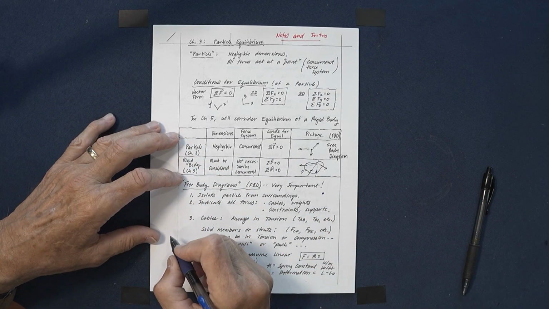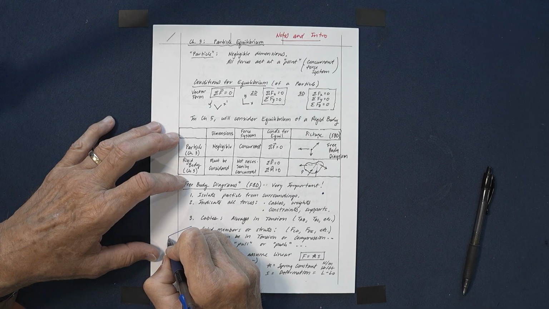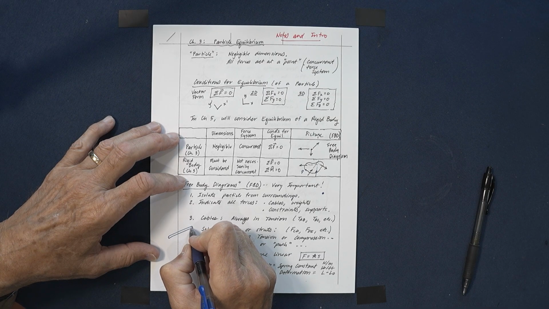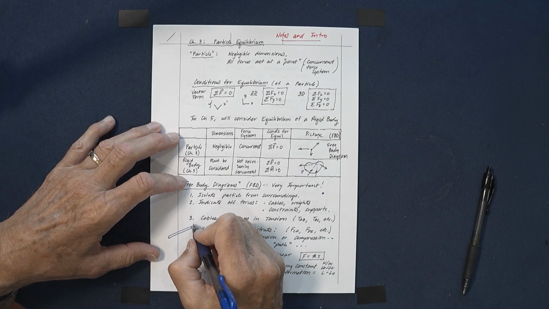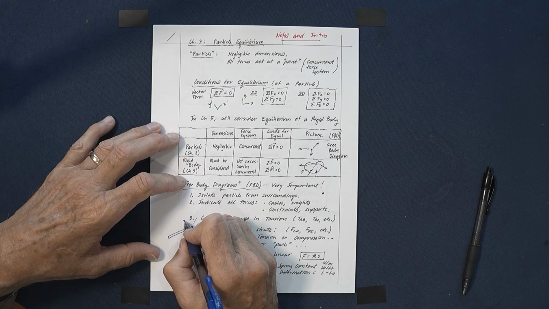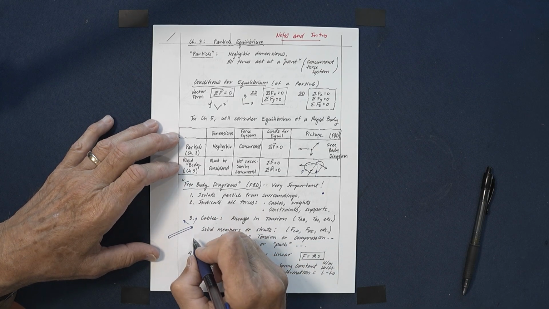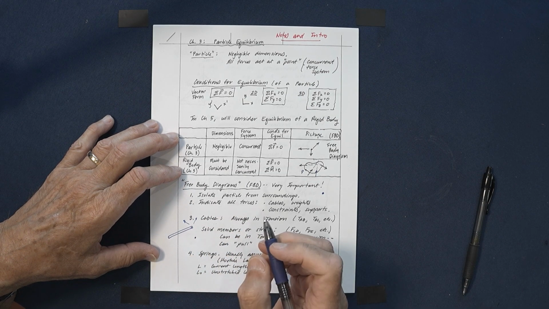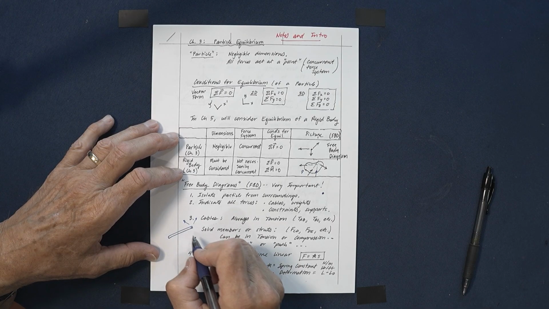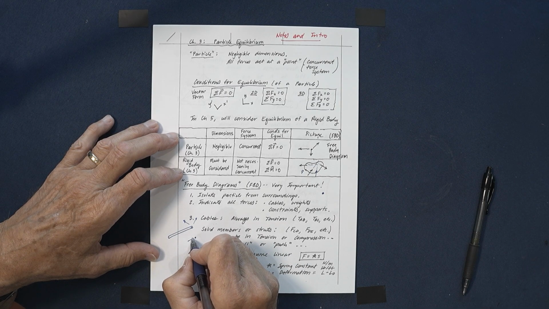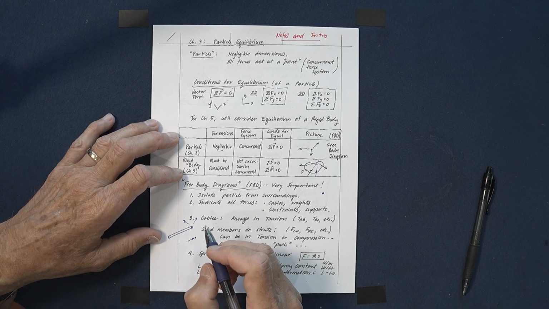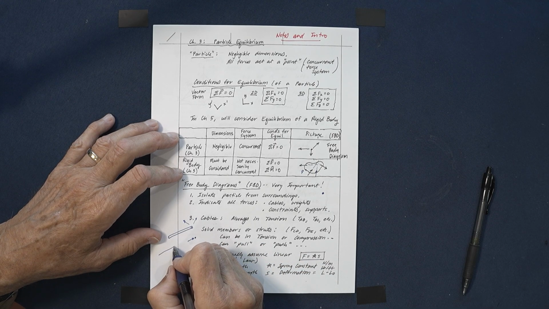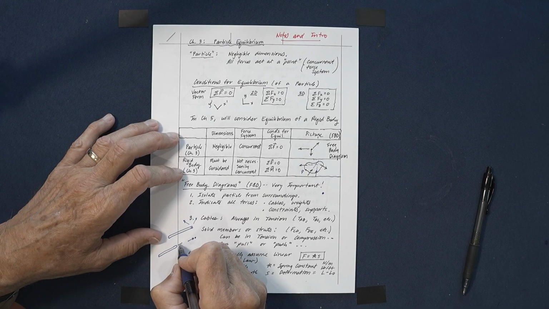So if you're looking at a strut and a pin here, and some forces acting at this pin, if I draw a free body diagram of that pin, I can draw the strut pushing on that pin. And if I draw the free body diagram of the strut, then the pin is pushing on the strut.